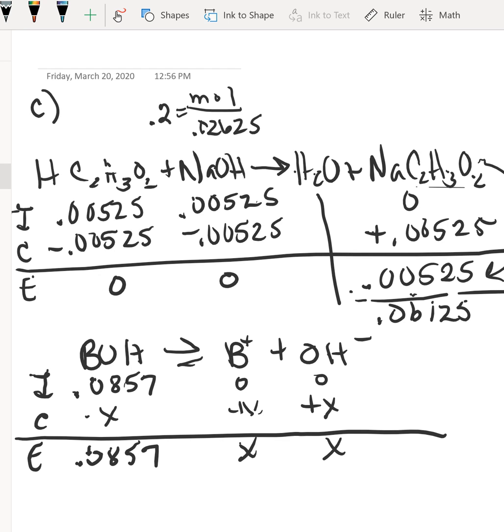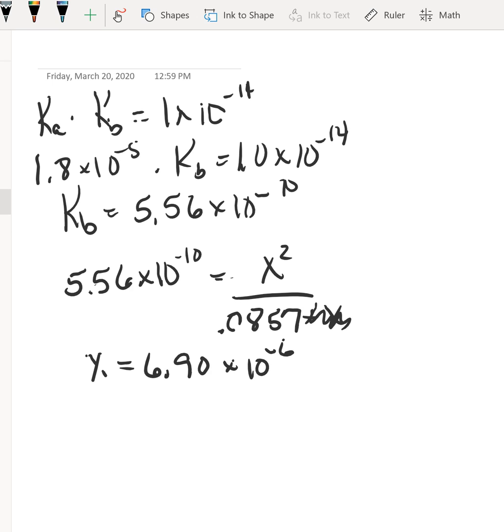And I would say x is really small because it's to the negative 6. And according to my ICE chart, my x is my OH minus. So I can find pOH by doing negative log, and then I can find my pH.